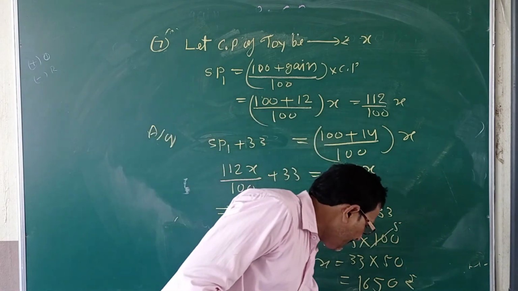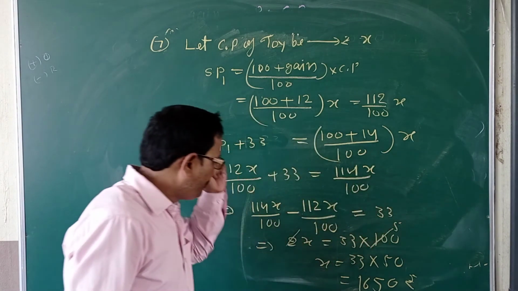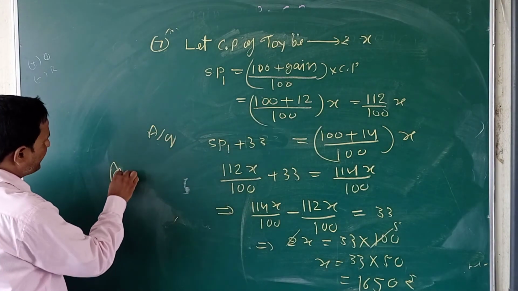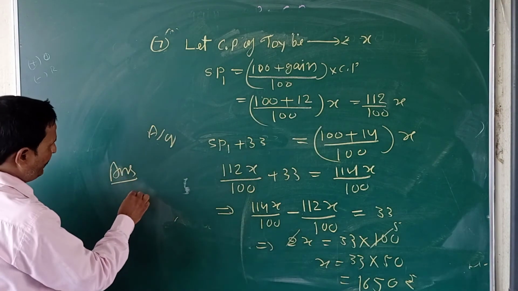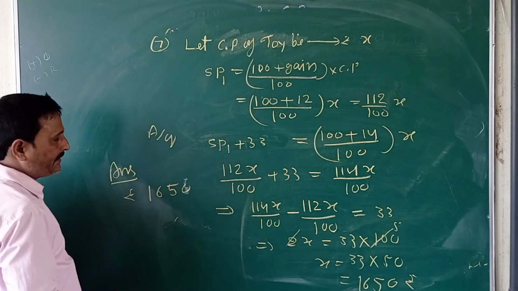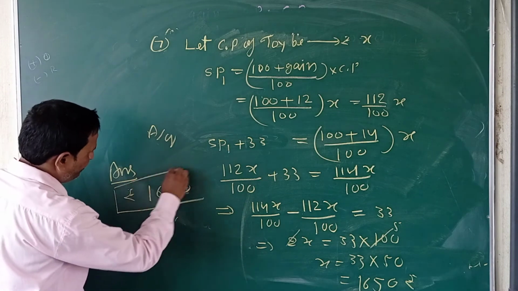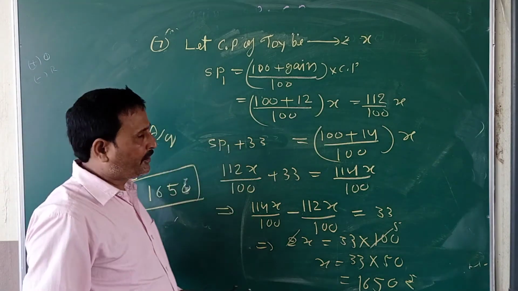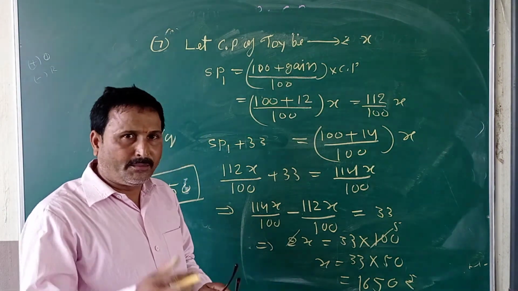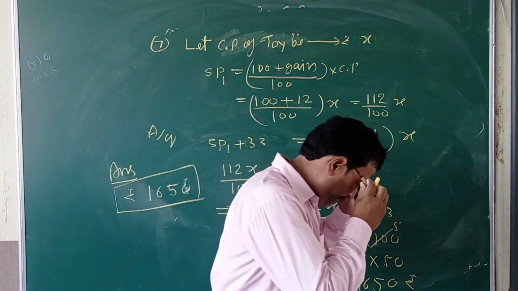What is the question asking? Find the CP of the toy. Then the CP of the toy will be the answer, rupees 1650. When you are solving the question, at last you mention the answer. Okay.